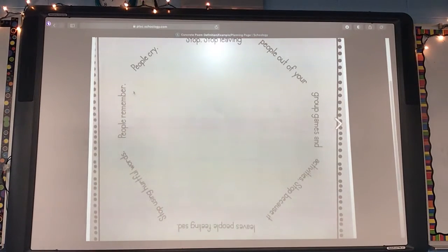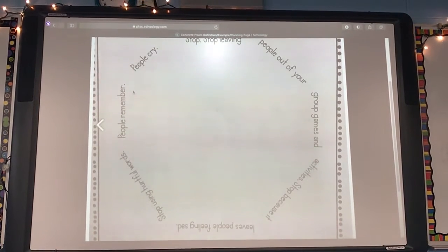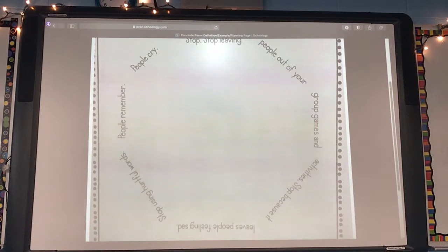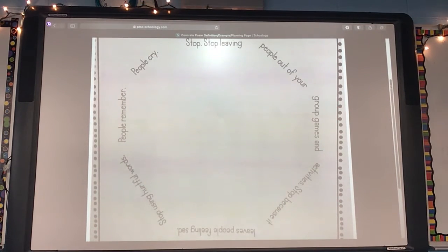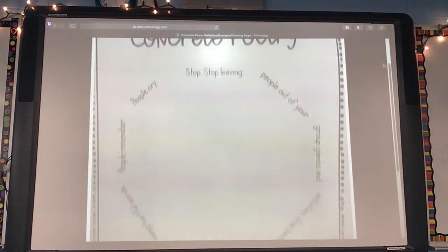Why do you think the poet of this one used this kind of shape? What is the connection with this shape and the meaning, the words they used? Hannah? Yeah, it's like a stop sign. They're telling people to stop being mean. Don't use mean words. Don't do mean things. And so they used a stop sign to represent. Very nice.